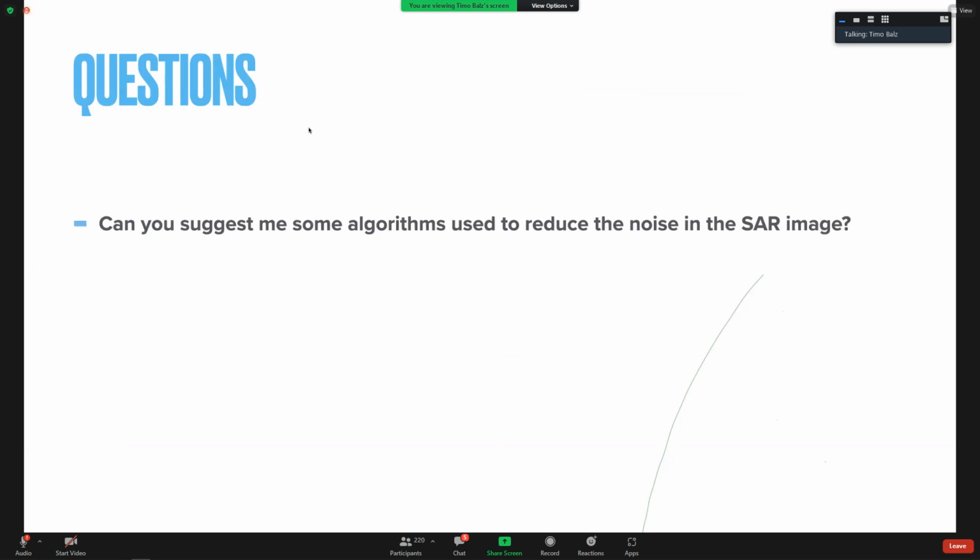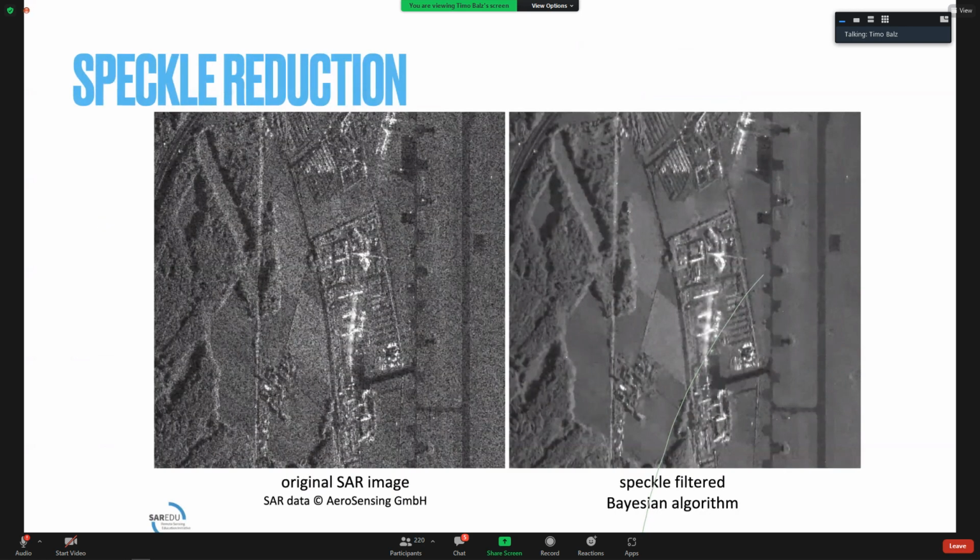Can you suggest me some algorithms used to reduce the noise in the SAR image? As long as you refer to the speckle noise, there are various speckle filters and speckle noise reduction algorithms available.